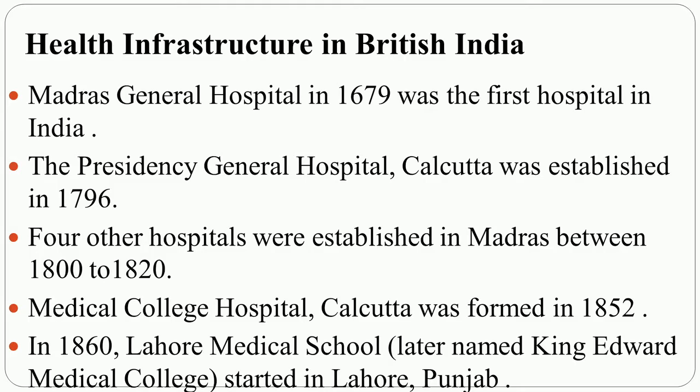So, we find out that the health condition in India was really very bad, because the first hospital was in 1671, which was established in Madras. Before that there was no such modern or proper hospital which India had, until some time after the further development of the British rule.